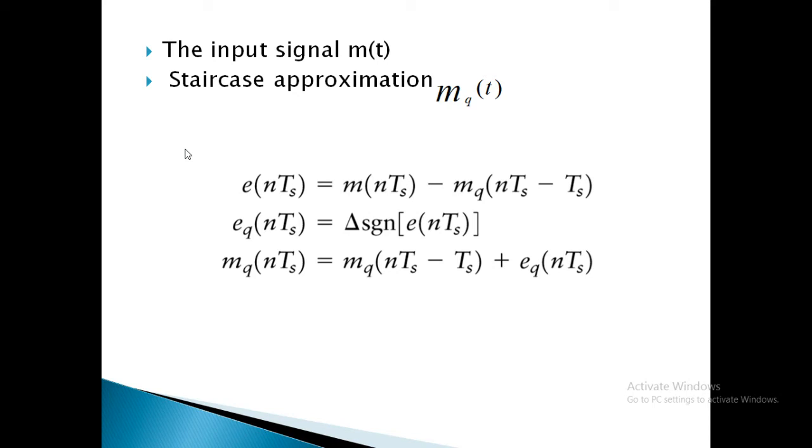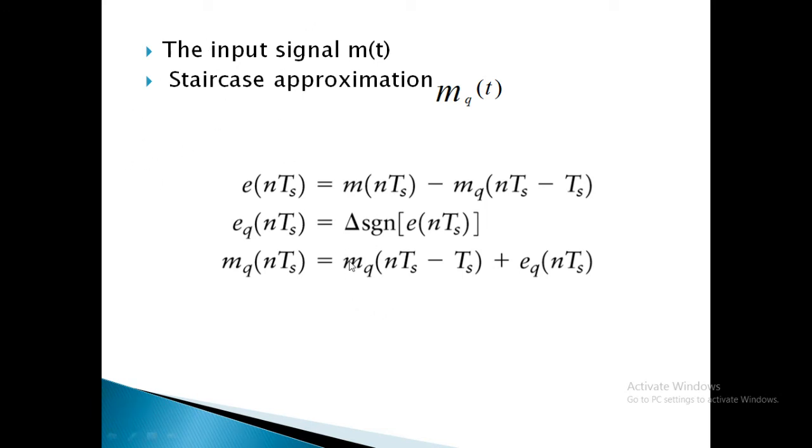If the error value is negative, it will perform minus delta. mq of nTs is produced by the summer as mq of nTs minus Ts plus eq of nTs.